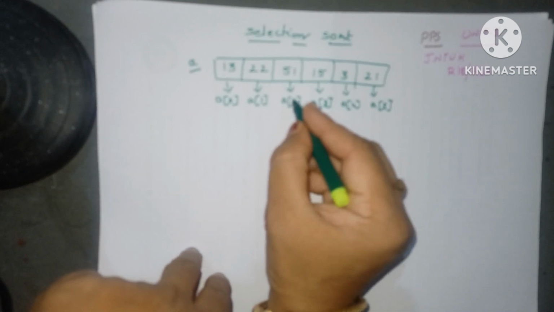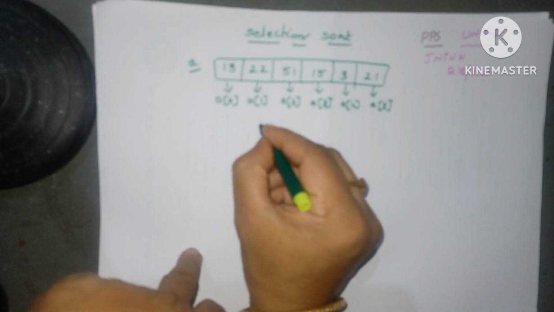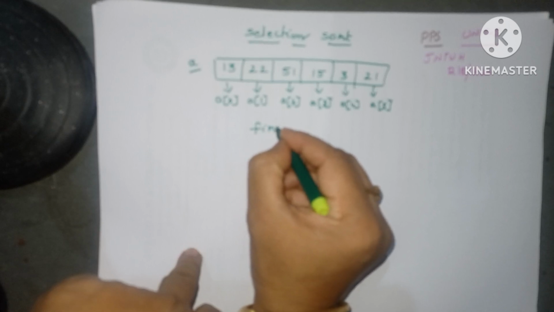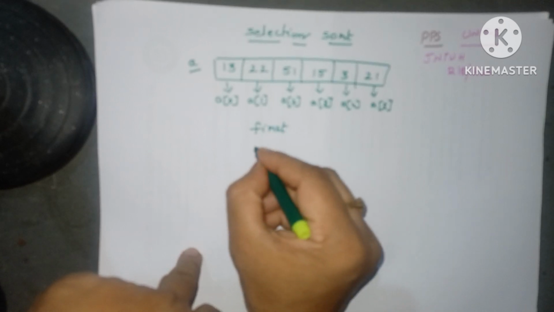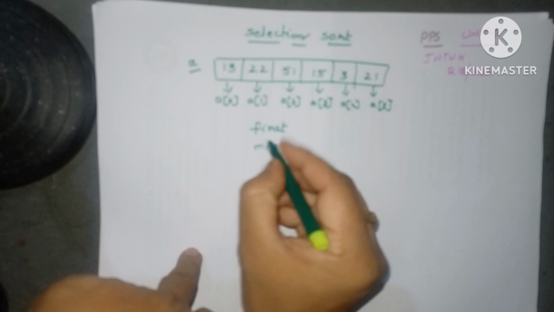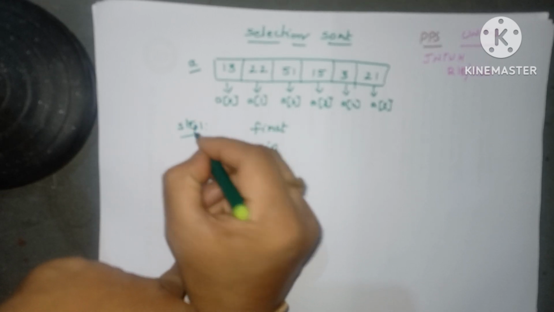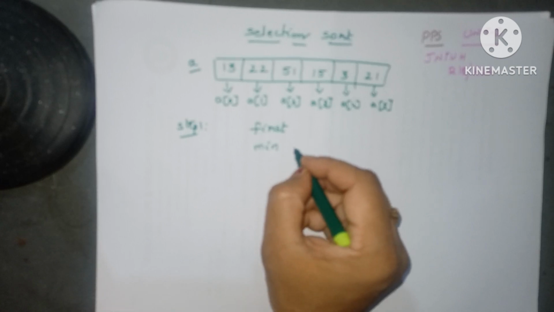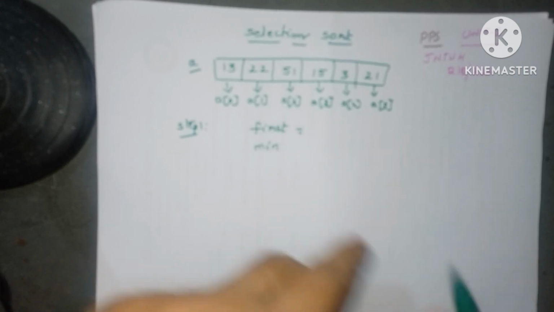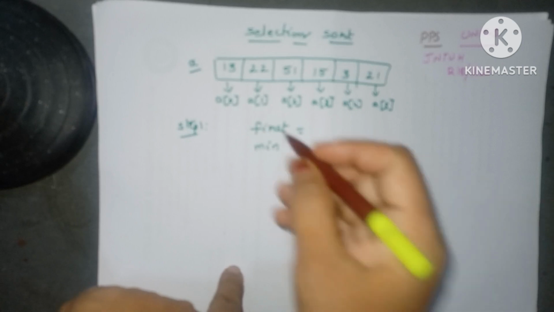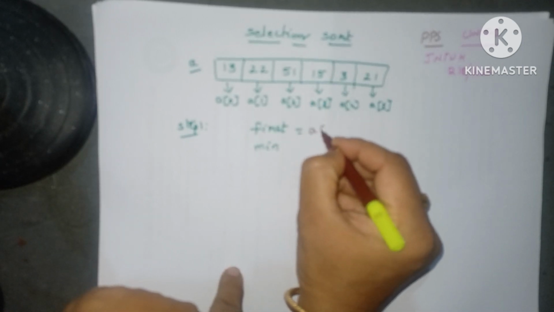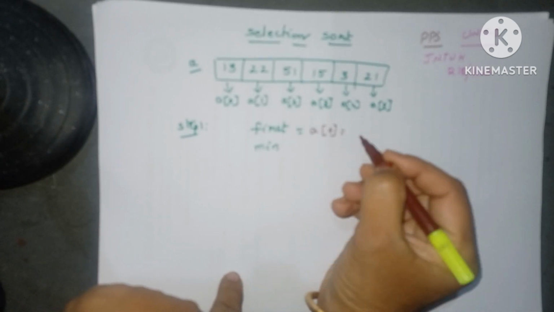Now in selection sort, step 1 is to find the first element and the minimum element. The first element is always at the 0th index, so A of 0.